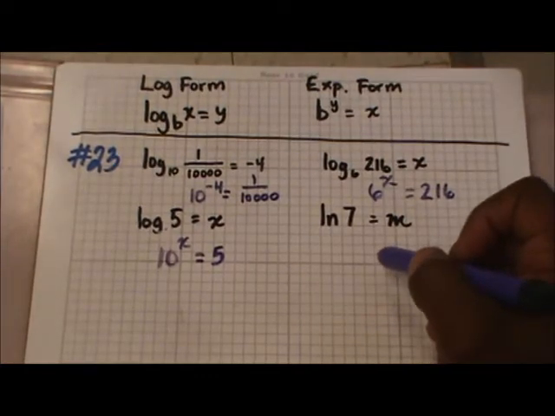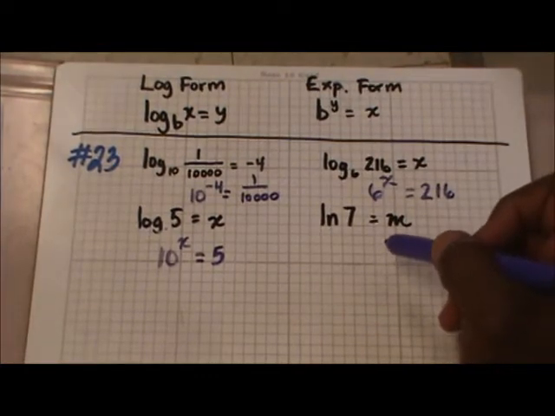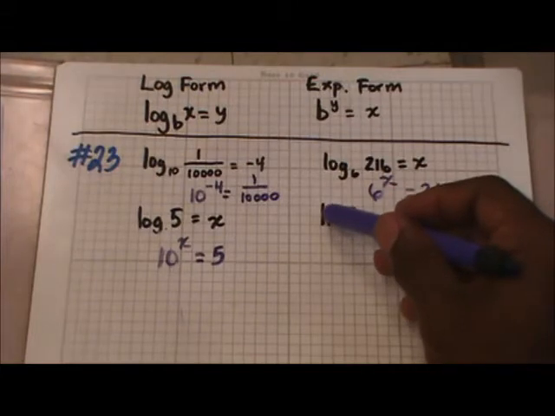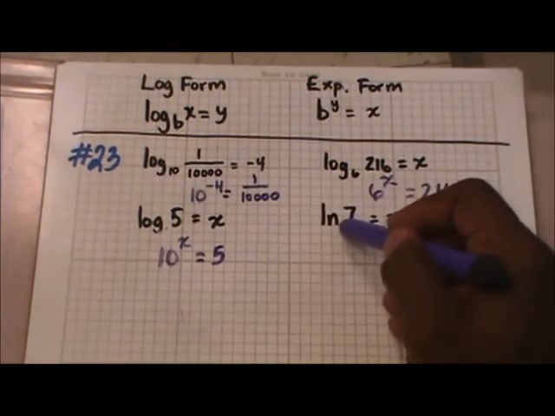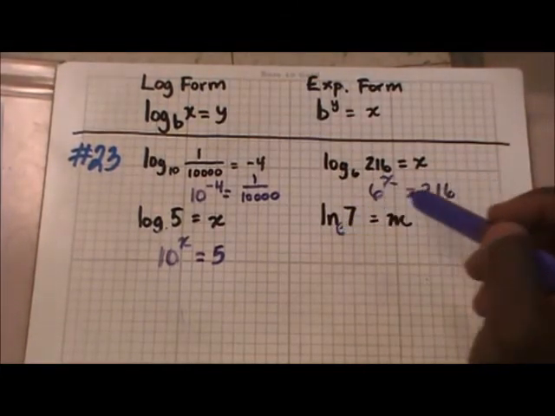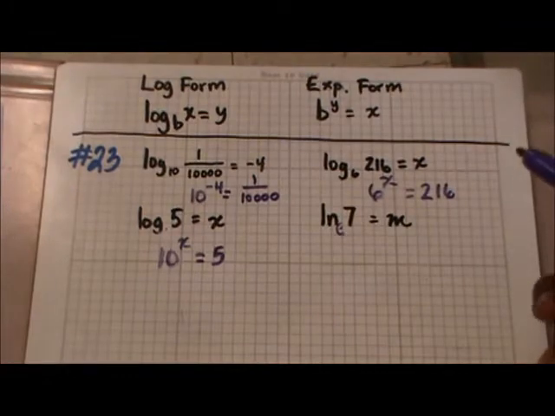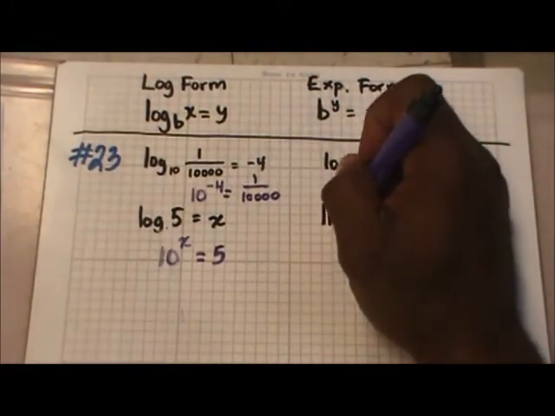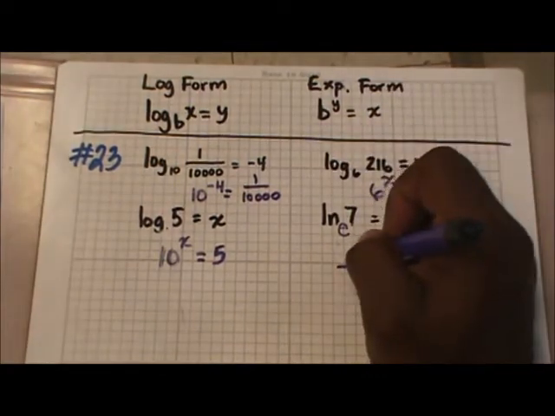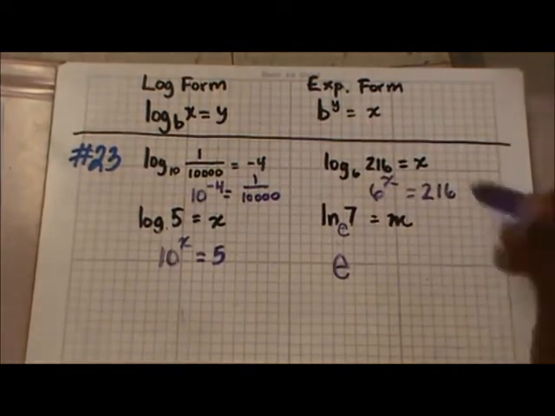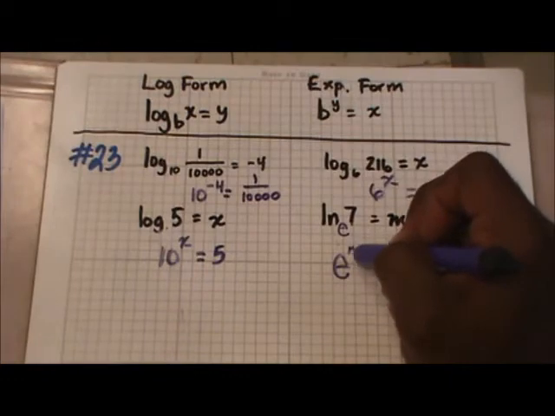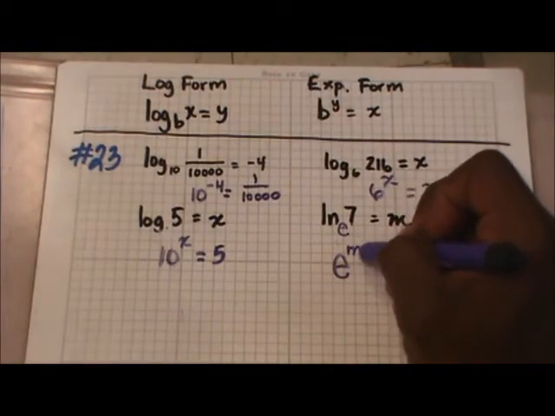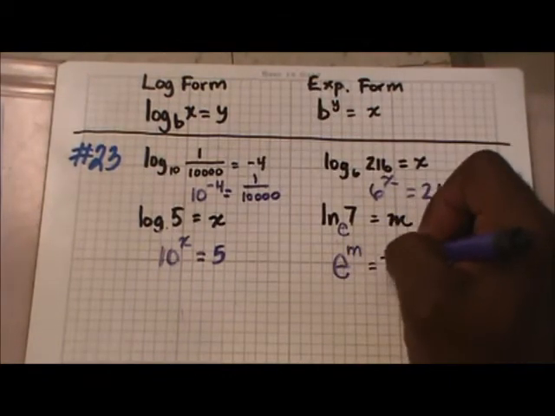Everyone's like, why isn't it NL? Well, it's not. Natural log is represented as ln, and the base for an ln is e. So we're not bringing up a 10, but we're bringing up an e. We flip-flop our 7 and m, and so we end up with e to the m is equal to 7.